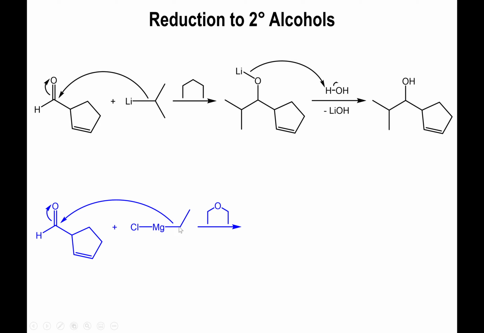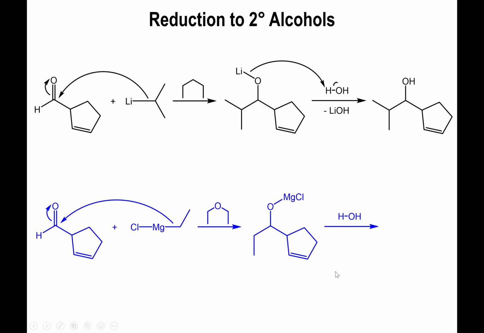Okay, so here we're adding an ethyl group, right? So this is ethyl Grignard. So the ethyl group attacks, the carbonyl bond is broken with electrons being provided back to the oxygen, yielding your alkoxy magnesium chloride complex in this case.